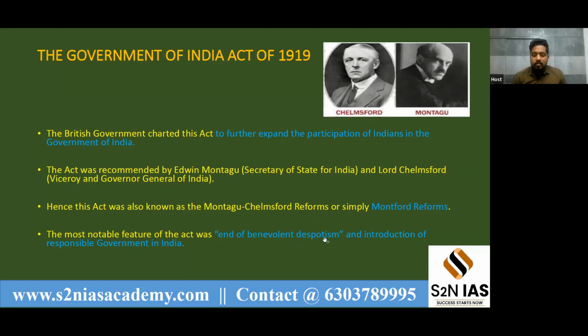From benevolent despotism to the introduction of responsible government in India, the attitude of Britishers had changed. Why? Because meanwhile, from 1861 to 1919, the Indian National Congress was established and Congress was becoming more and more powerful.